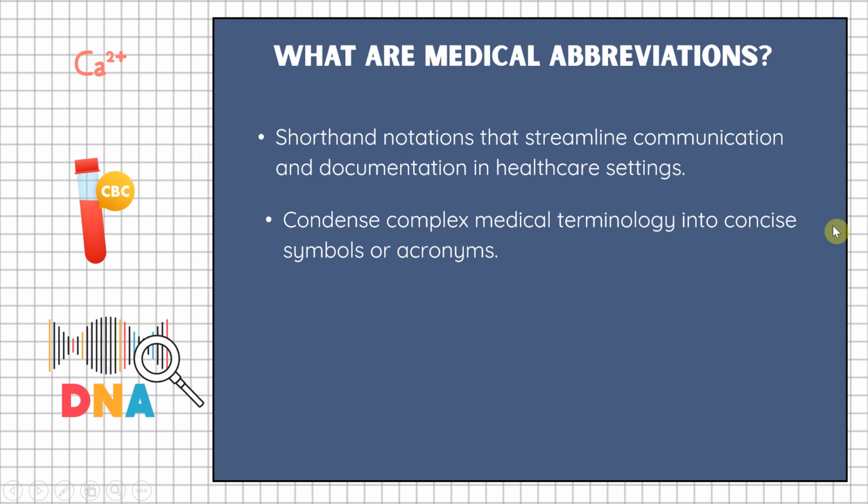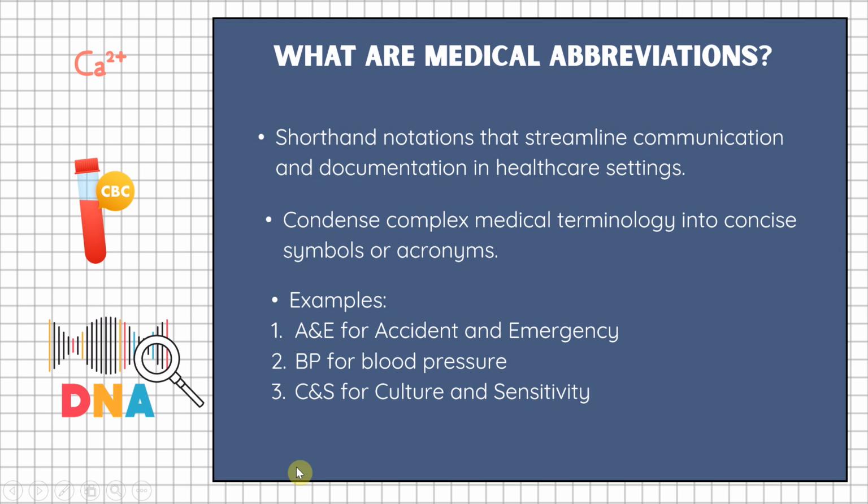Other examples are A and E, like accident and emergency. BP means blood pressure. CNS means culture and sensitivity. So these are a few examples of medical abbreviations.